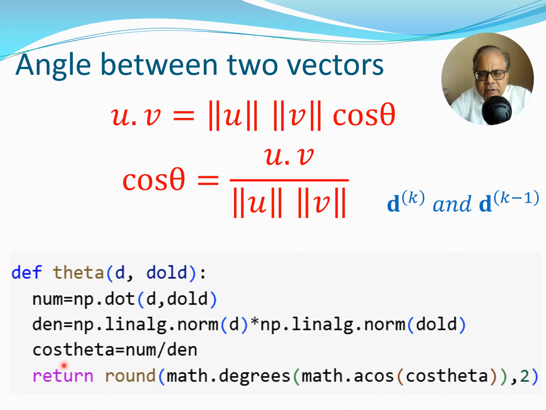Then I get cos theta as numerator by denominator, and finally I return a rounded value in degrees of the arc cos of this value. Since this is cos theta, I have to take the arc cos here, and this returns the angle in degrees up to 2 decimal places.